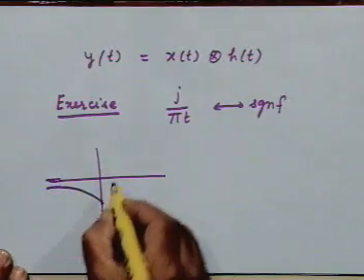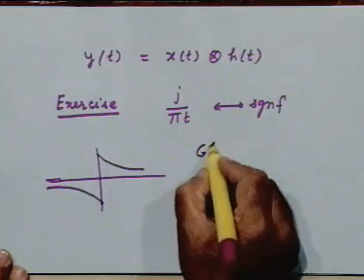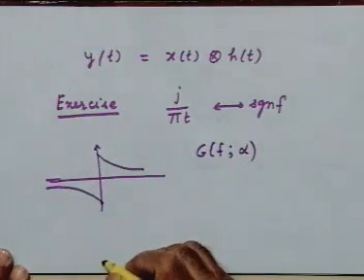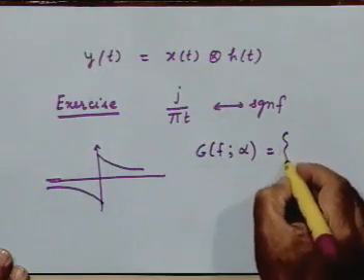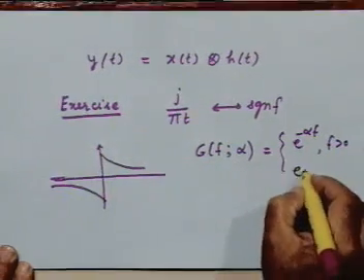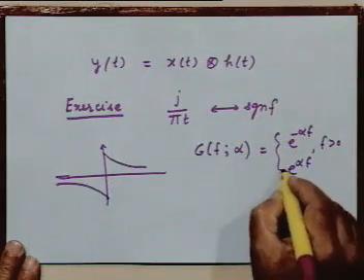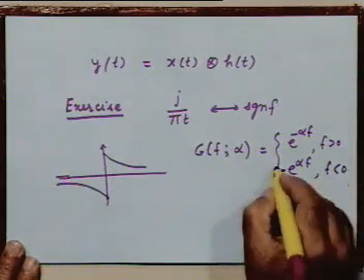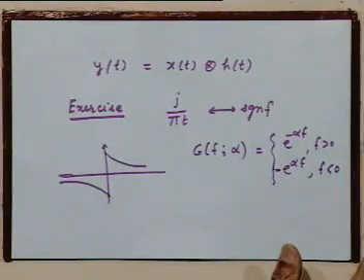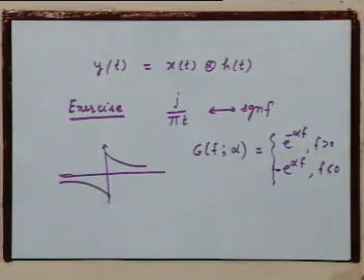You consider this function, which I'll define as g of f with a parameter alpha. It is defined as e to the power minus alpha f for f greater than 0, and minus e to the power alpha f for f less than 0. You can see that it's a signal with finite energy in the frequency domain.